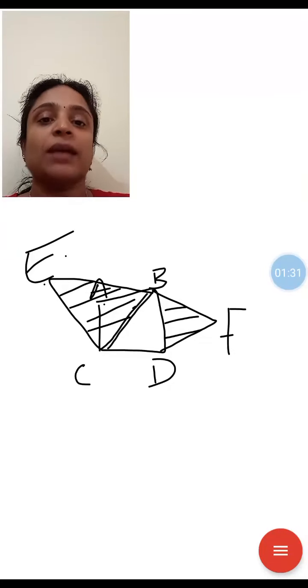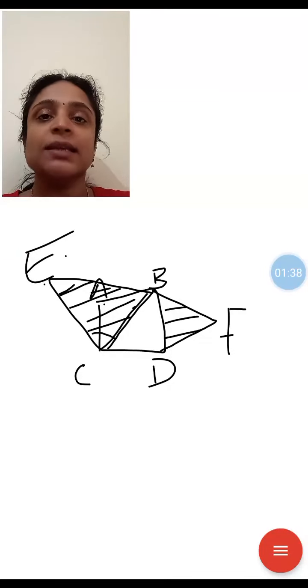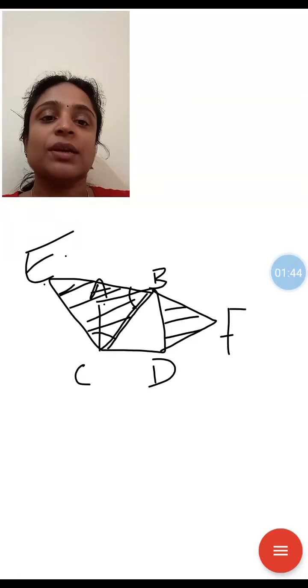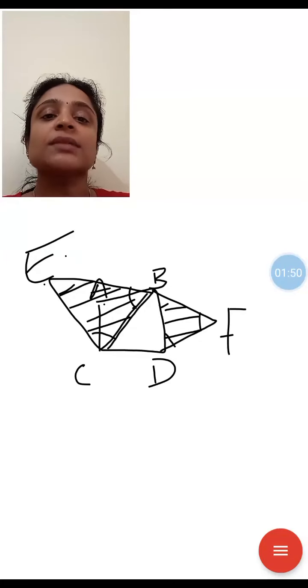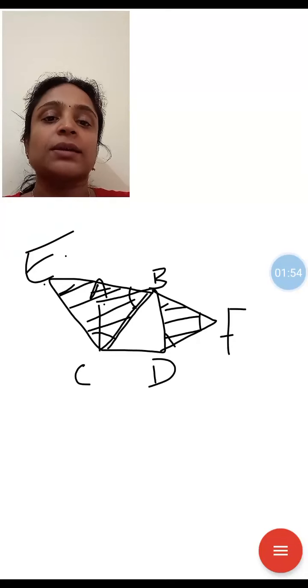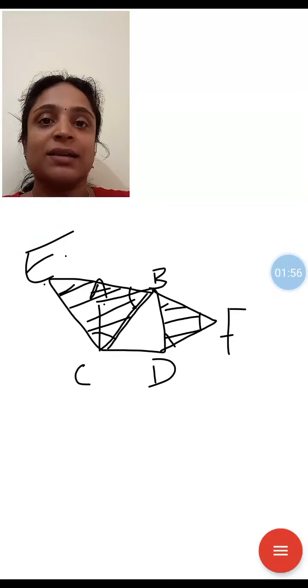So, for that we know that angle E equal to angle C equal to angle B equal to 60 degree, since this is an equilateral triangle, and here also angle B equal to angle D equal to angle F equal to 60 degree. So we can say that angle E equal to angle B equal to angle D, angle C equal to angle F equal to 60 degree.